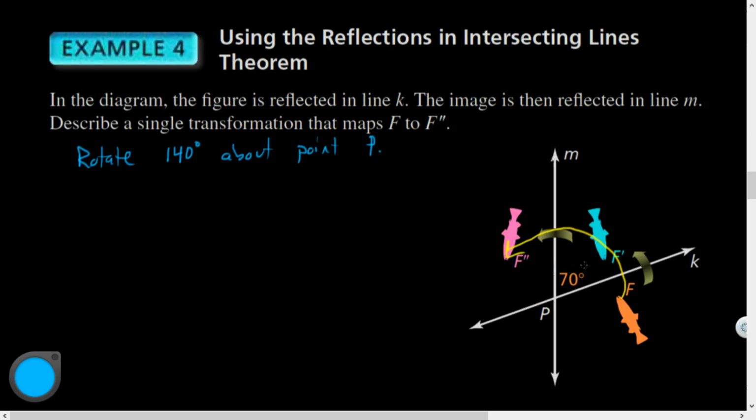Because the acute angle between the lines was 70, all I do is double it, and that's going to be a 140 degree rotation about the same point, and it works out just like that.